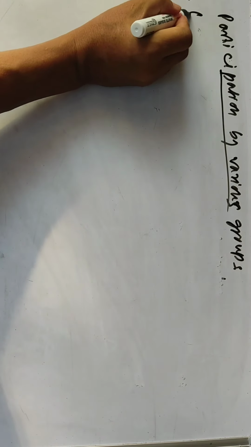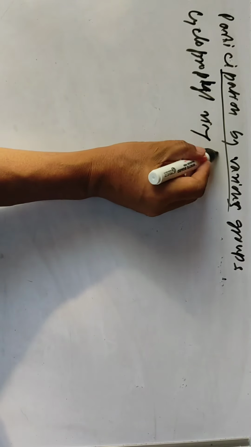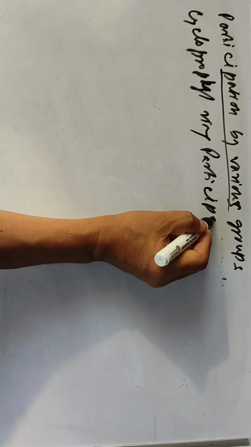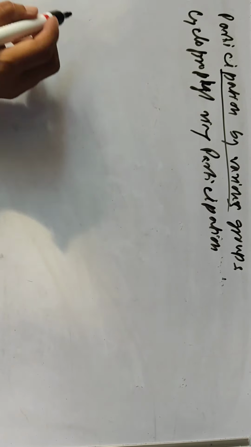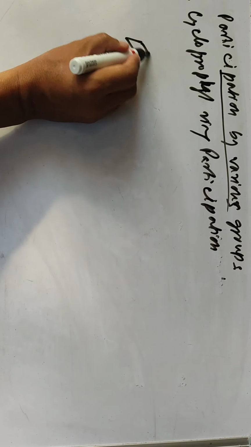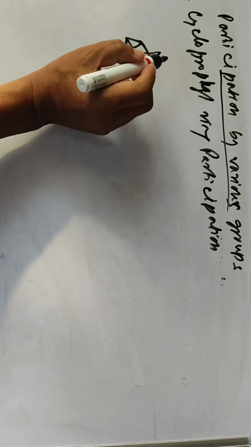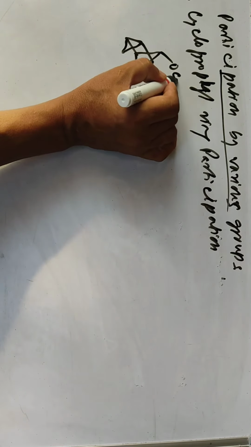And then the third one is cyclopropyl group participation, cyclopropyl ring participation. Here also in bridgehead compounds you can have examples. Let's say this one, compare with this cyclopropyl here. Then you have this leaving group, also phenyl, then hydrogen here.